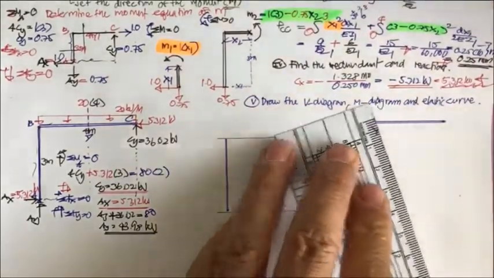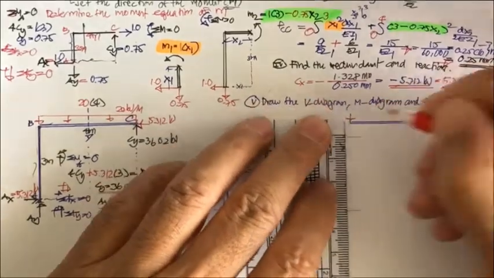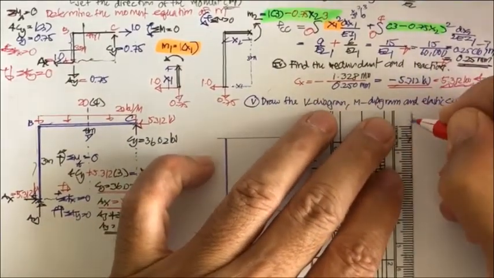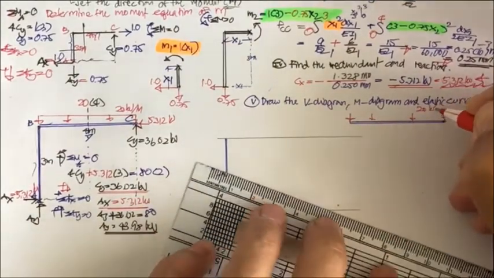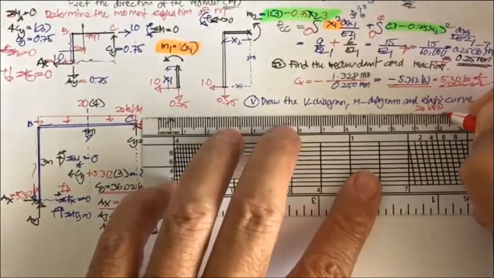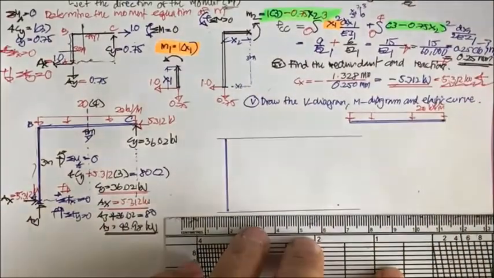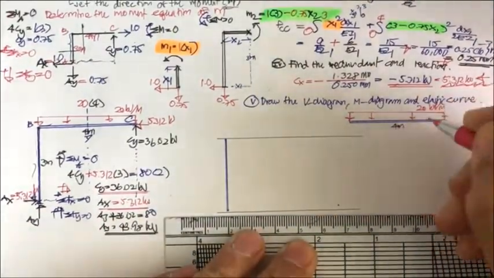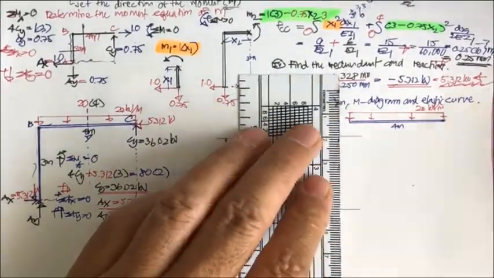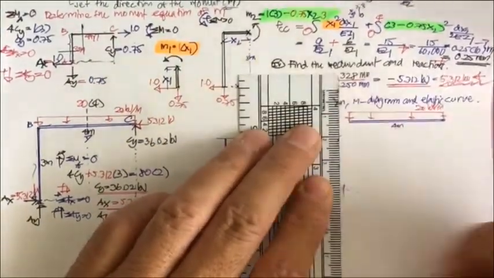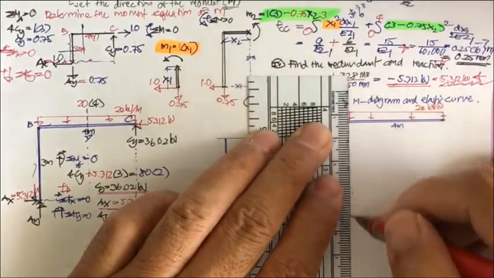And then this is going to have the uniformly distributed load of 20 kilonewton per meter. This is 4 meters. This is 3 meters. Now, you may elongate this a little bit to provide the area for this.